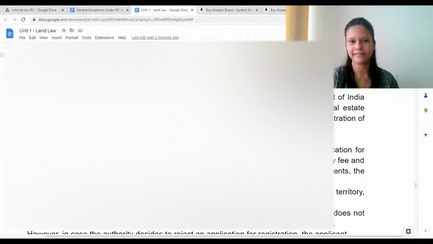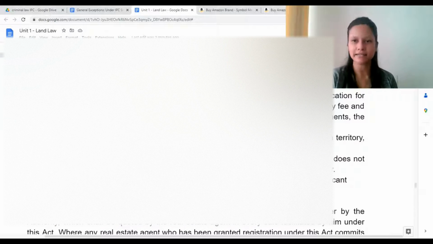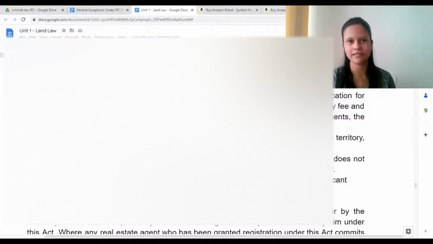Once the application is submitted with all the necessary requirements, the authority shall, upon satisfying itself of fulfillment of the conditions, that the application is filled properly, fees are paid and necessary documents are submitted, register the agent.